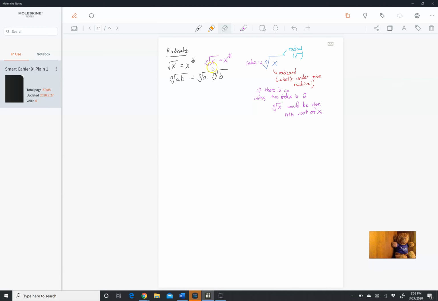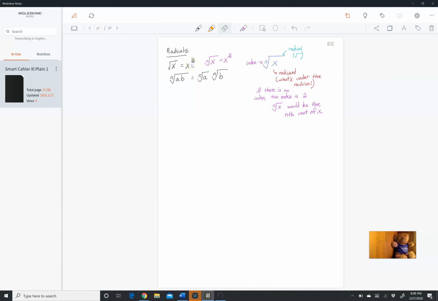So here we're saying the nth root of x can be rewritten as the exponent x to the 1 over n. And here what we're saying is the nth root of a times b is the same thing as the nth root of a times the nth root of b.